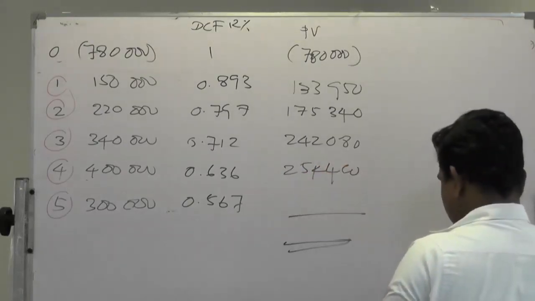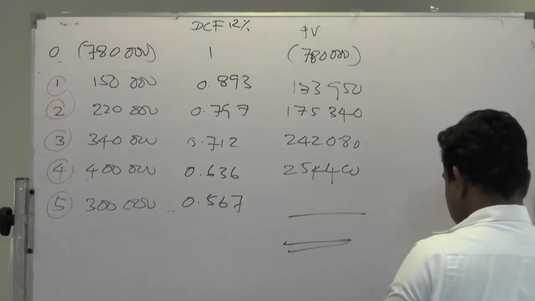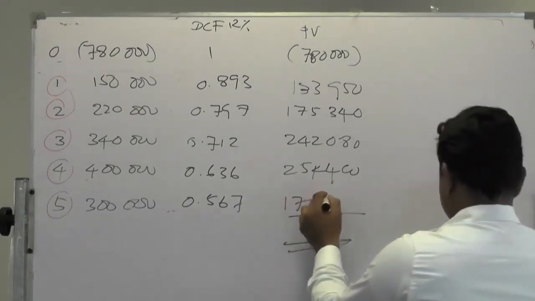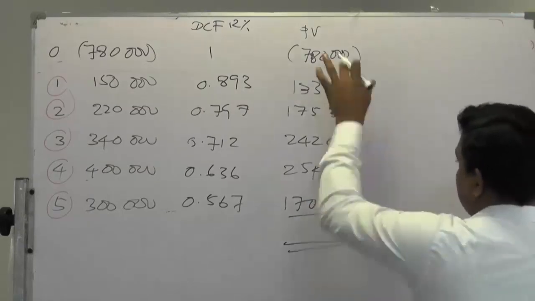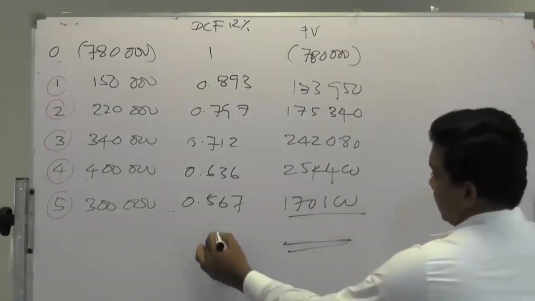Finally 0.567 into 300,000 is 170,100. Now the net answer is the net present value.